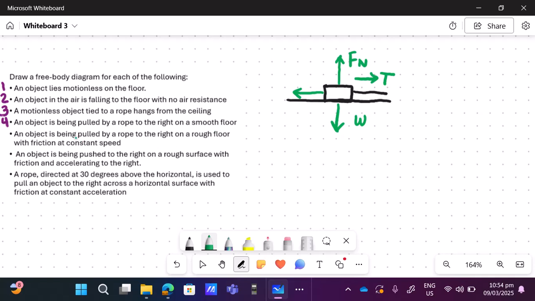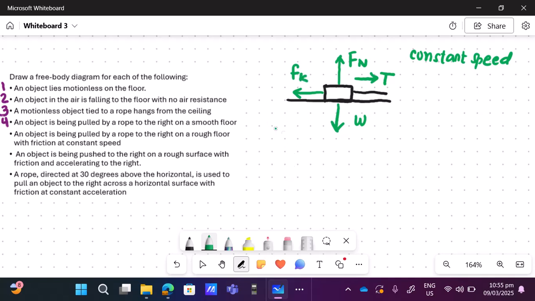So we know that the object is being pulled at constant speed. So take note, this is at constant speed, so basically the object is moving. And because the object is moving, that force of friction is basically kinetic. So this will be F sub K.